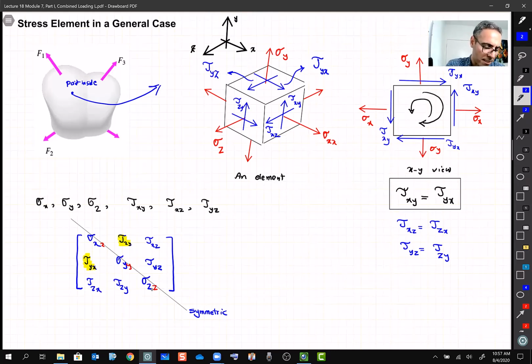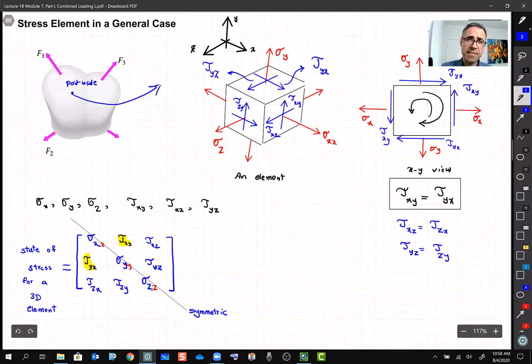So this matrix is called the stress element, or state of stress for a 3D element in general. It's a 3 by 3 matrix. It has 9 elements, but it's symmetric. It means we only have 6 values: sigma x, sigma y, sigma z, tau xy, tau xz, and tau yz.